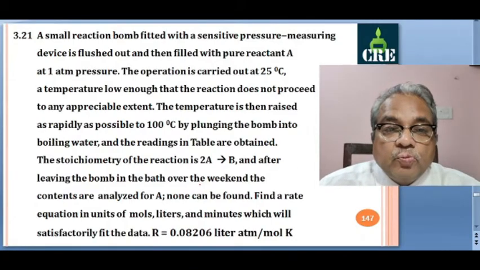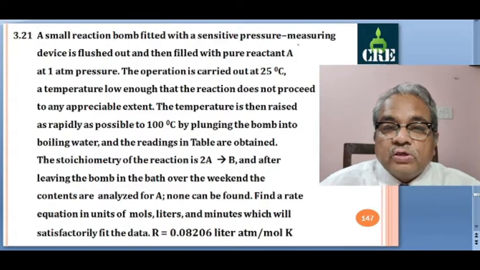Next, 3.21. A small reaction bomb, which is nothing but a small reactor, fitted with a sensitive pressure measuring device, is flushed out and then filled with pure reactant A at 1 atmospheric pressure. Operation is carried out at 25 degrees Celsius. At this low temperature, the reaction does not proceed to any appreciable extent. The reaction will not start at this low temperature.